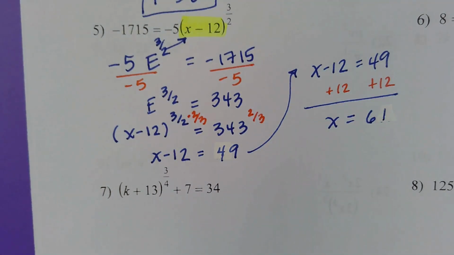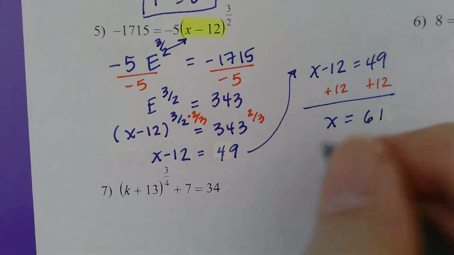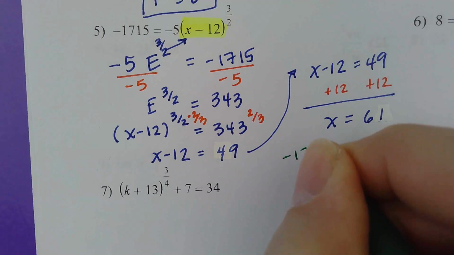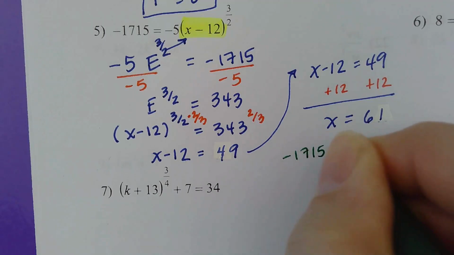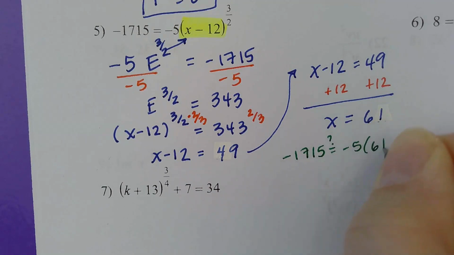And I can check this. If I put 61 where the x is, negative 1715 equal to negative 5 times 61 minus 12 to the 3 over 2 power.